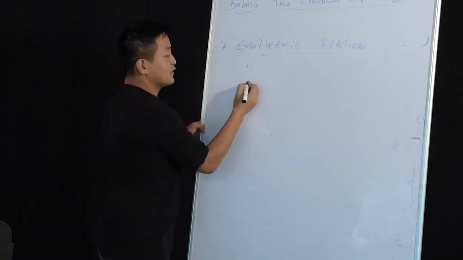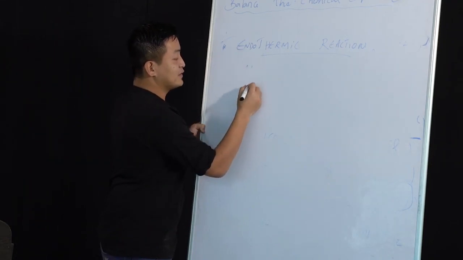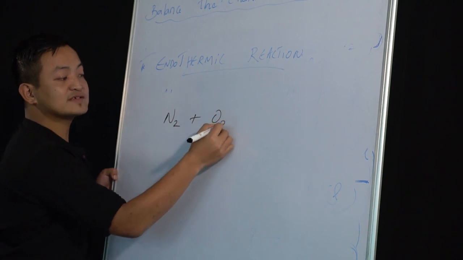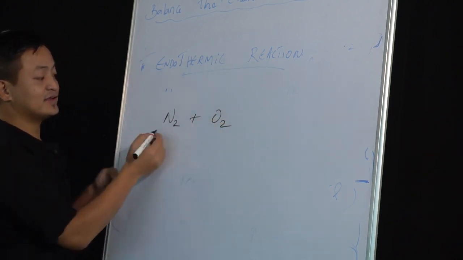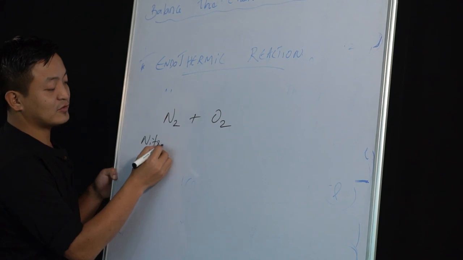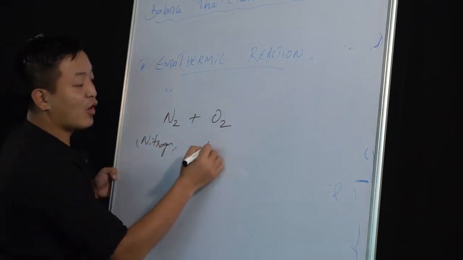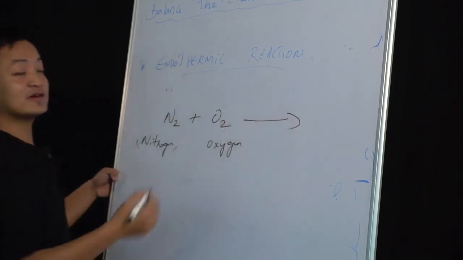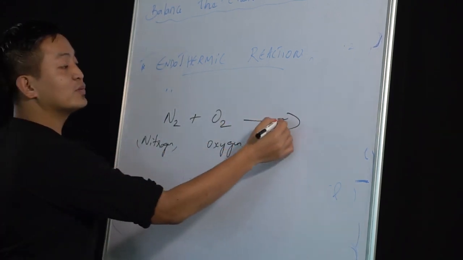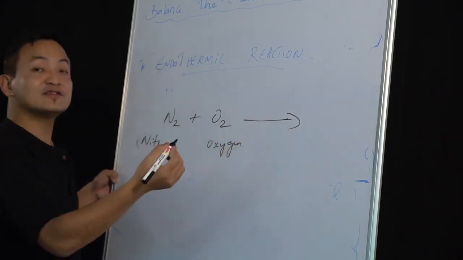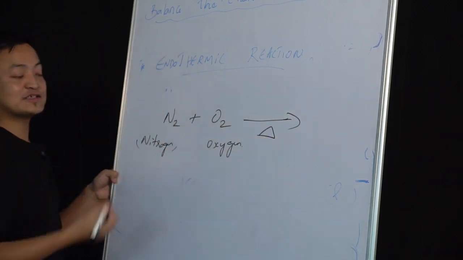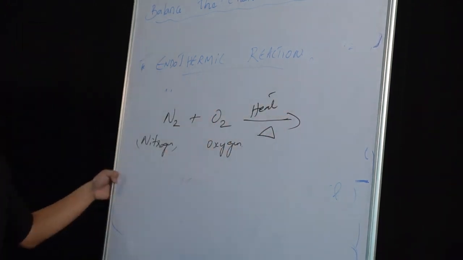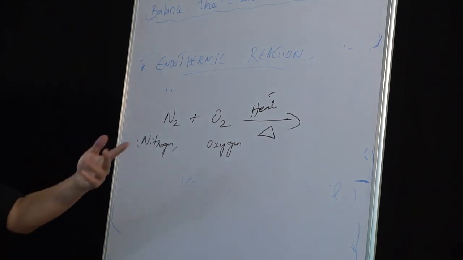Okay, so let's take the example nitrogen and oxygen. Clear, students? This is nitrogen, I'll write down here, and this is oxygen. Nitrogen and oxygen together, and then what is needed? Absorbing heat. For heat, you can just write this symbol, which implies heating, or you can just write HEAT. This denotes that we are absorbing heat to give the result.